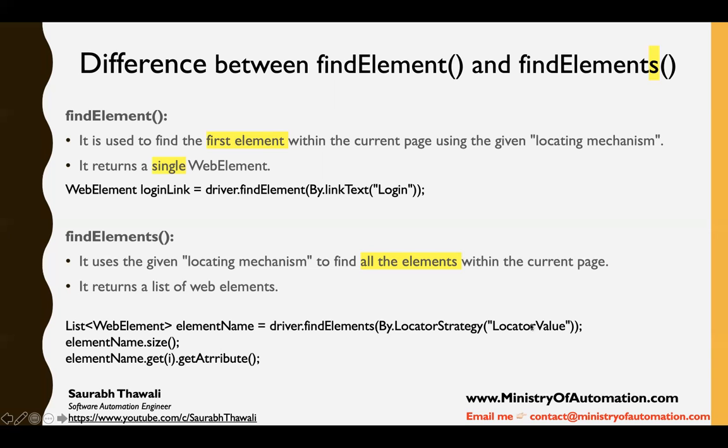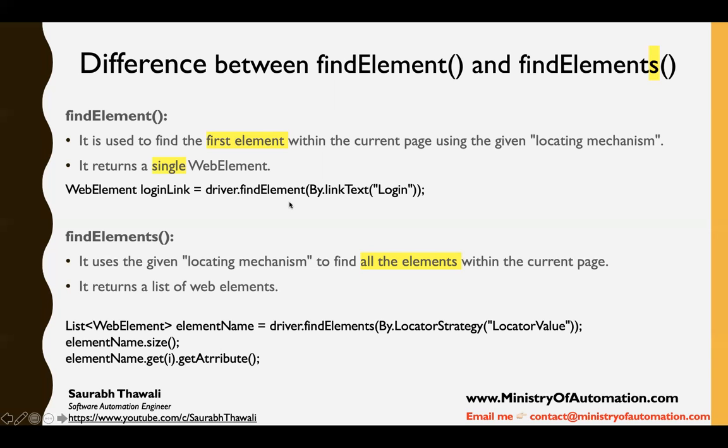Whatever locator mechanism you are writing is not going to change. You can use by.id, by.xpath, partial link text, or whatever we have learned so far, right? You can use any of those. And if because of that locator mechanism the WebDriver realizes there are more than one element, then it will return you all of them.